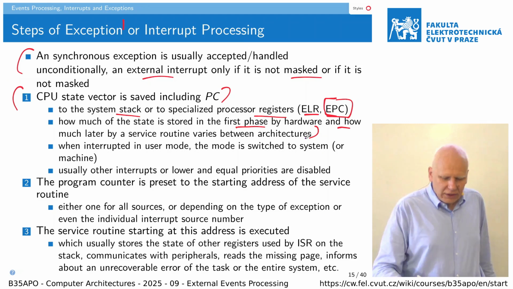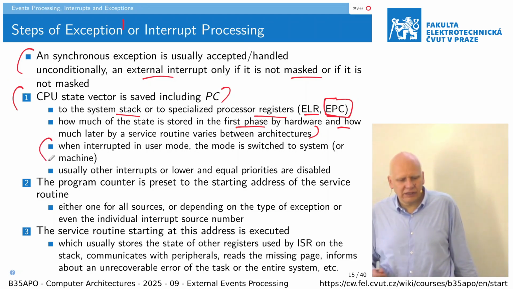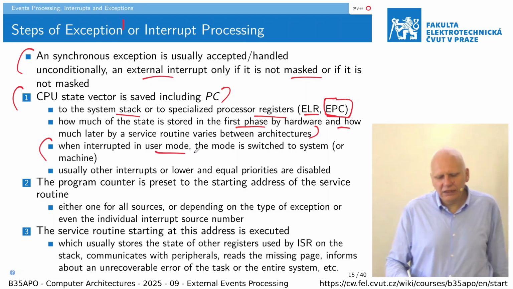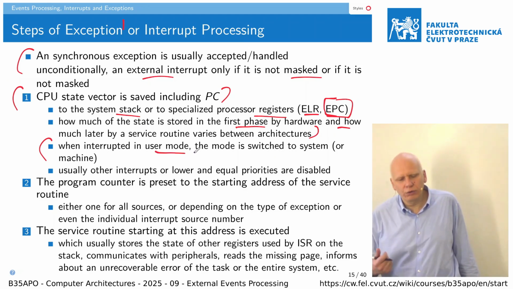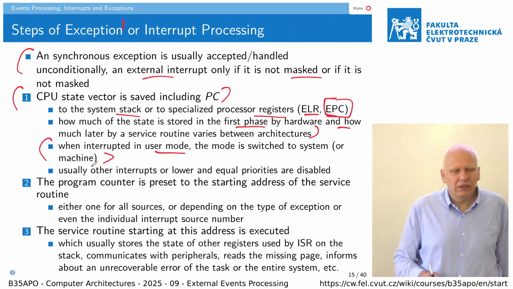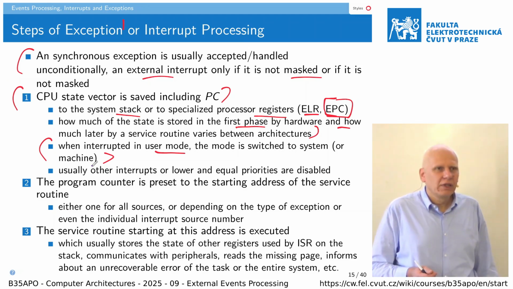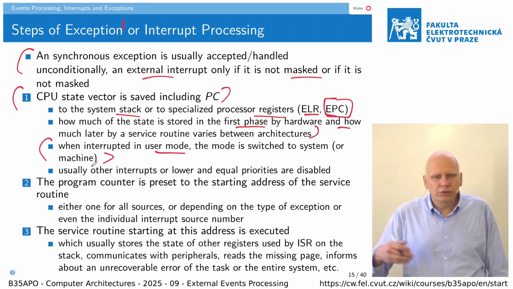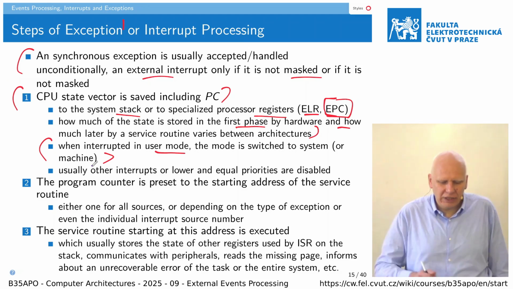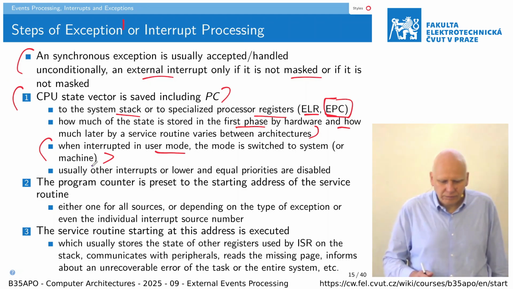When the interrupt or exception occurs in the user mode, then usually we switch the mode to system or machine so that the operating system can take care, for example, to switch to another task which should be woken because somebody has pressed a key or button and so on.